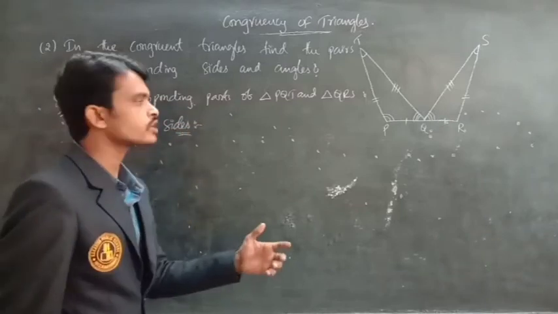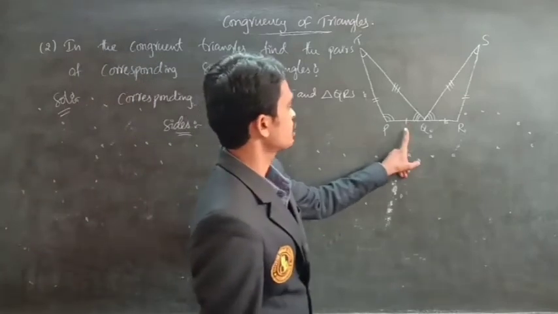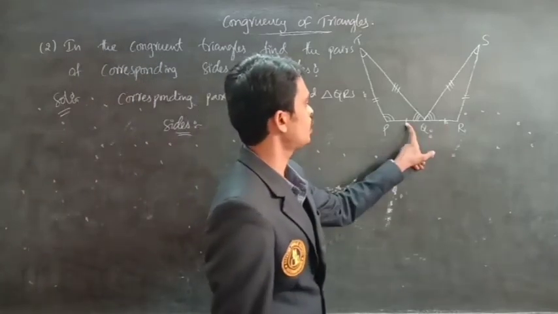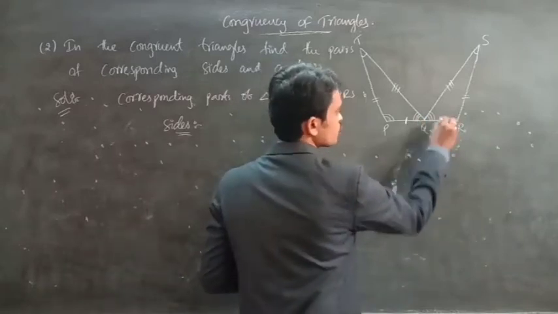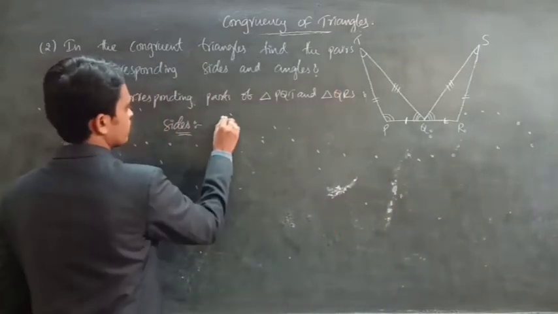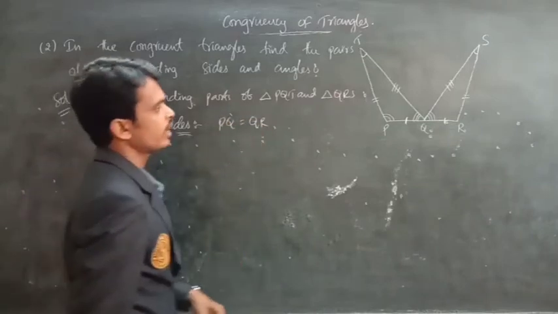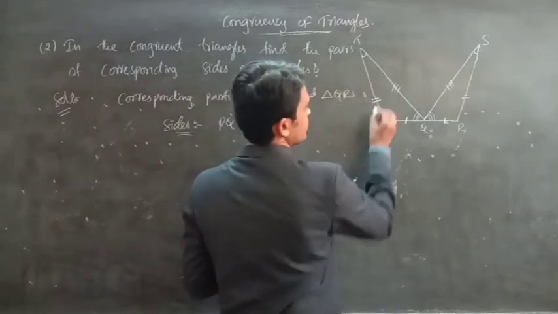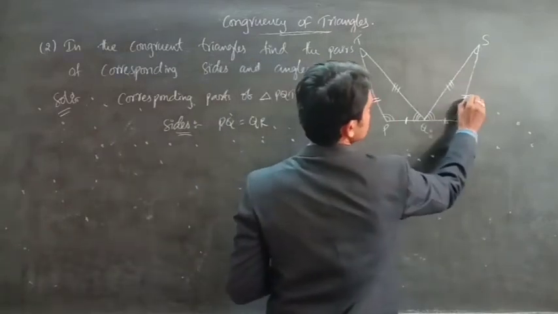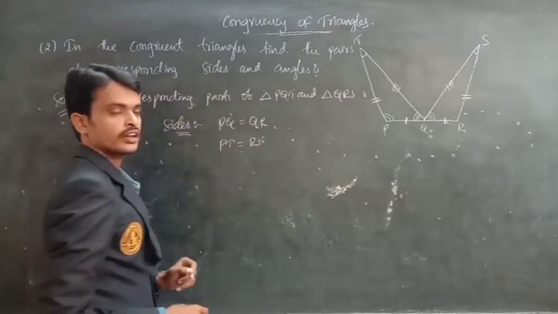We have to find out which corresponding sides are equal. See, PQ is equal to QR, and PT is equal to RS.